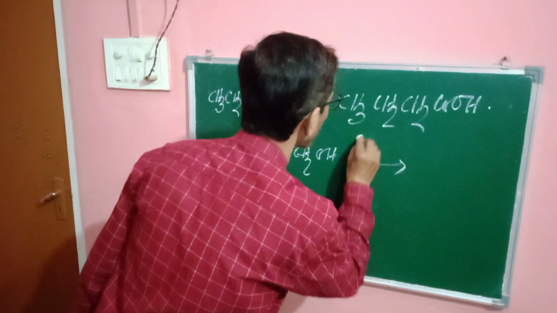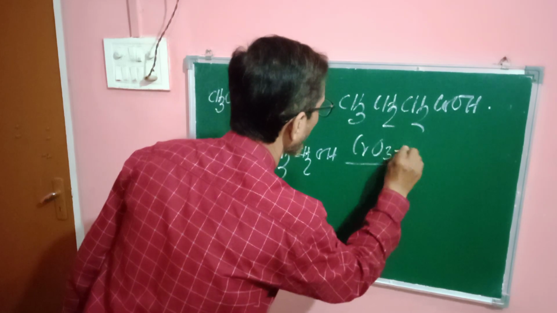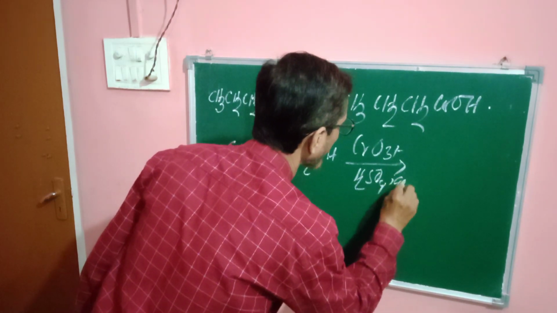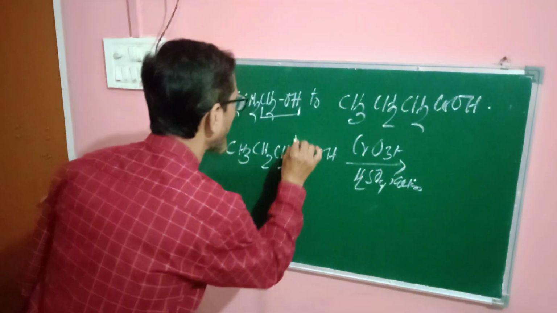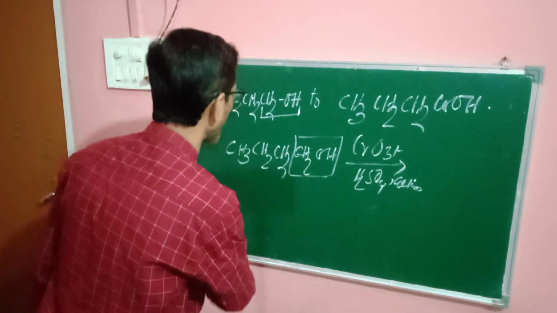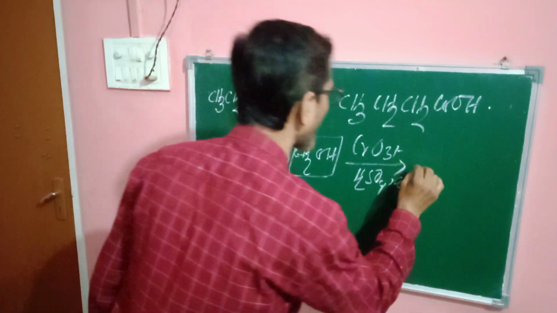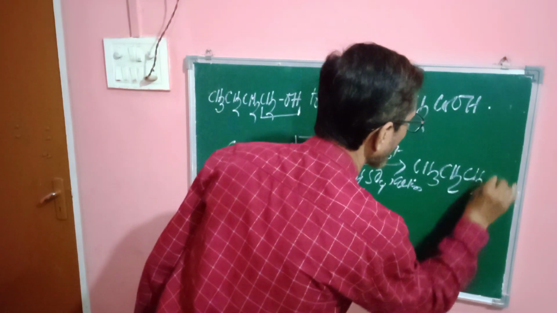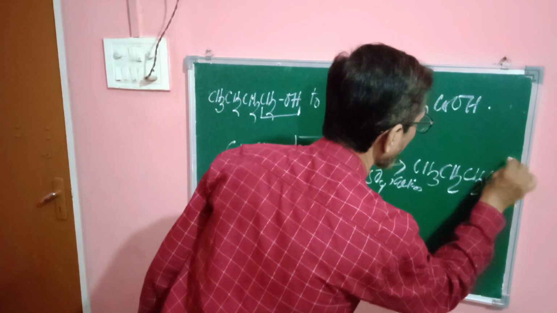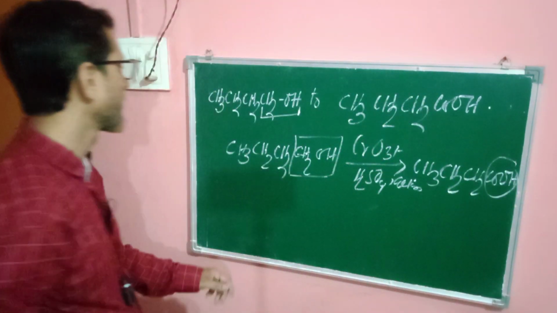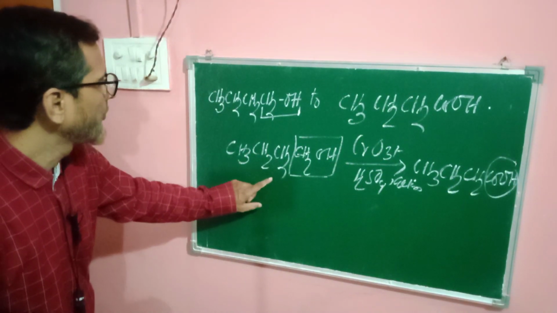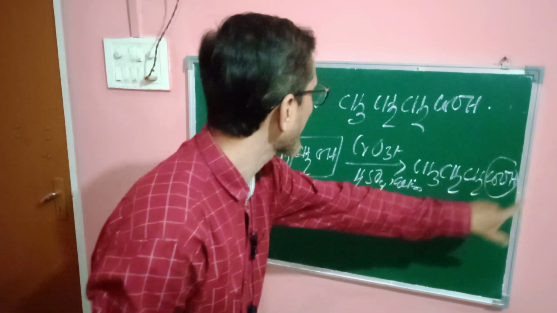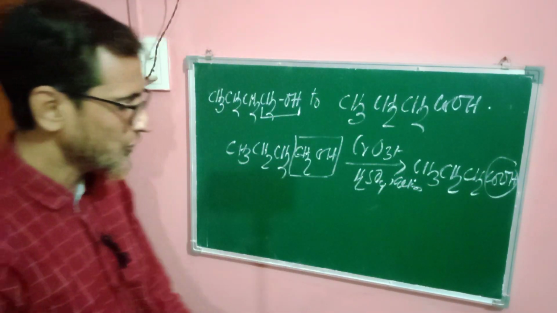If you have the idea, you can very easily do it. CH3, CH2, CH2, COOH. Butan-1-ol has now been converted into butanoic acid in the presence of Jones reagent.